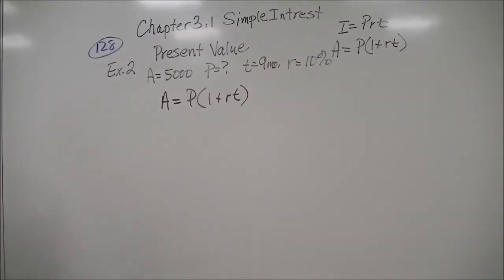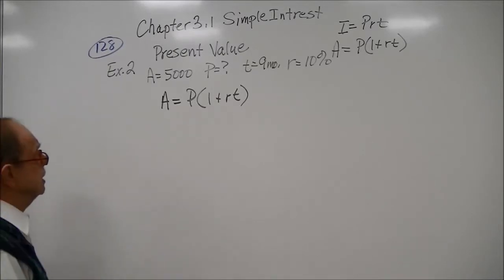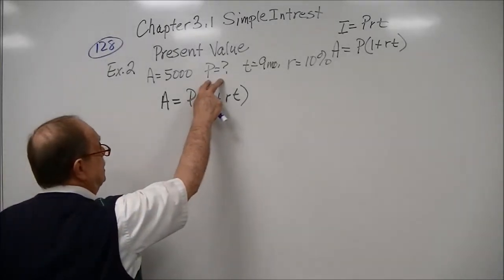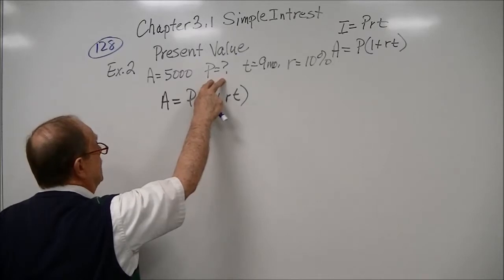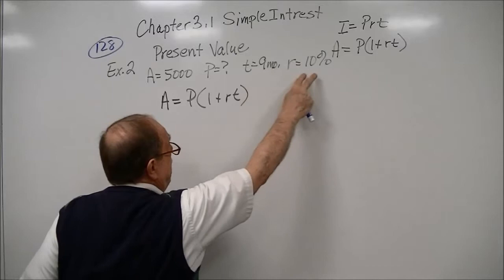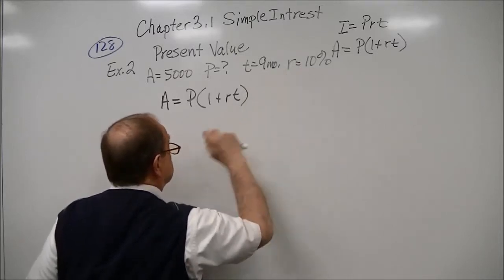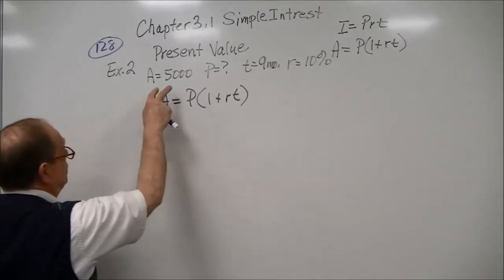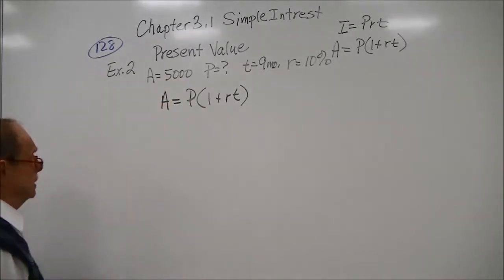We showed that earlier. Now, for present value, our question that we want to find here is, what would be the initial principal so that after a period of 9 months, at a rate of 10% interest, we would end up with $5,000.